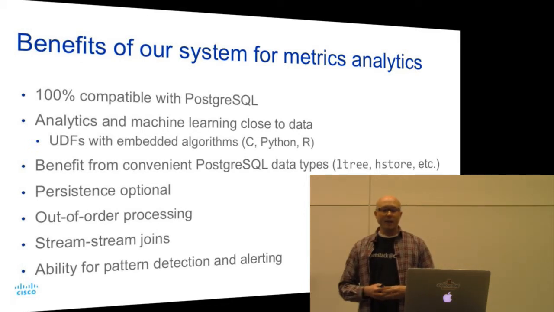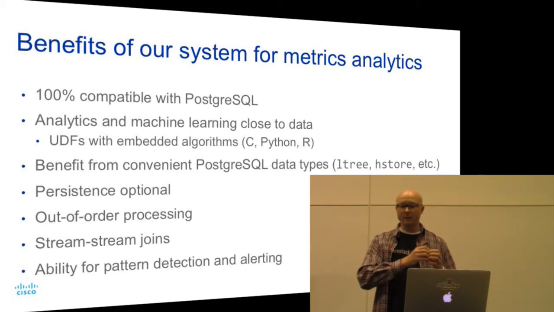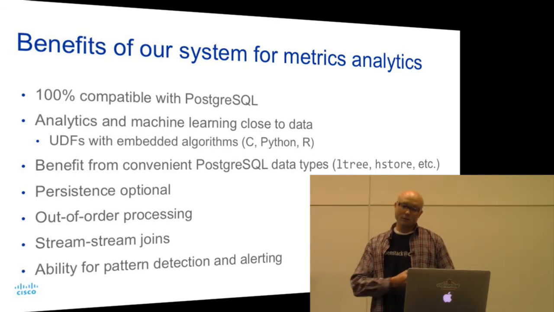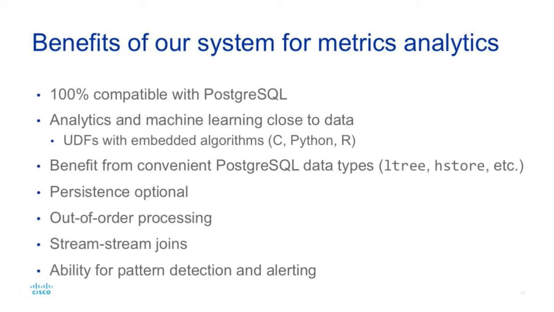But we certainly have the benefit of all the tools and facilities of Postgres that can be used. ltree data types for representing these hierarchical names for metrics, hstore to represent key-value pairs. Persistence is optional, so you can decide if you have very high granularity. You can optionally store all these things, also if it's low granularity, but you may want to keep things around, store them somewhere, put them eventually into HDFS and do some backend processing.